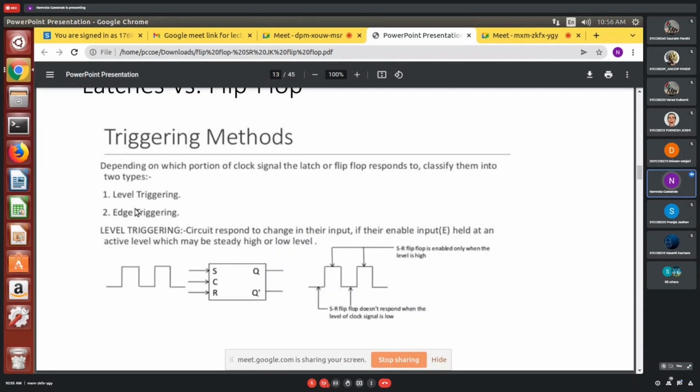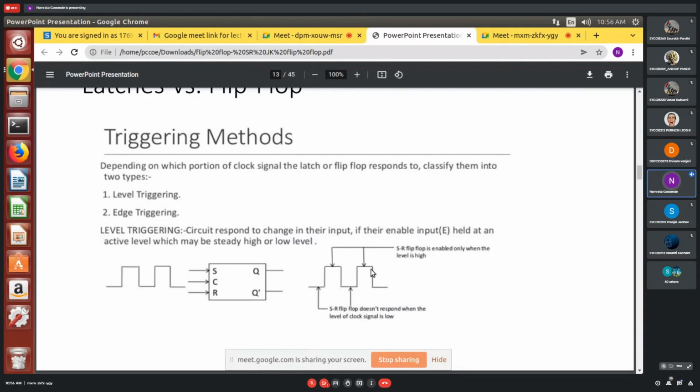Level triggering means what? There are two levels. If it is 1, it will be considered as high. If it is 0, it will be considered as low. So if it is low, this circuit does not respond, and if it is high, then only the circuit will respond.